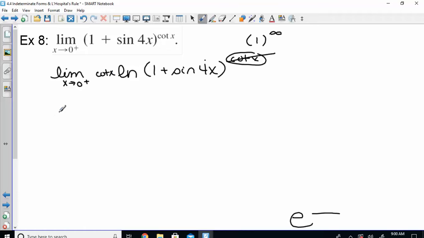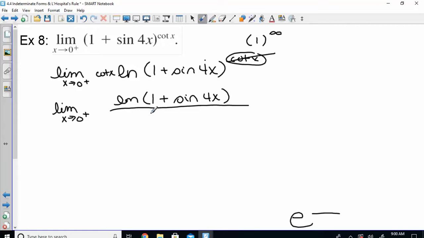And now this is an indeterminate product. And those products, we tried to write them as a fraction, didn't we? So would it be easier to move a cotangent or a natural log to the bottom? Cotangent, definitely. What would that turn into when I put it on the bottom? The reciprocal of cotangent would be tangent.